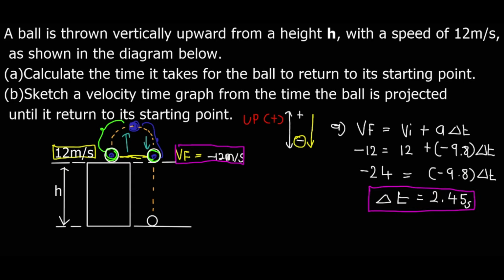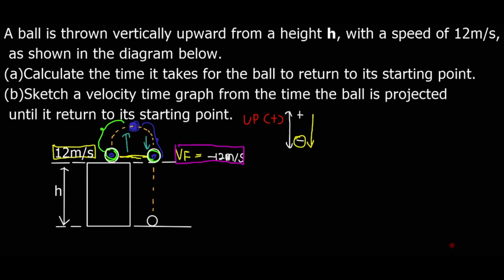Now part B. Part B is: sketch a velocity time graph from the time the ball is projected until it returns to its starting point. I think this one is easy.